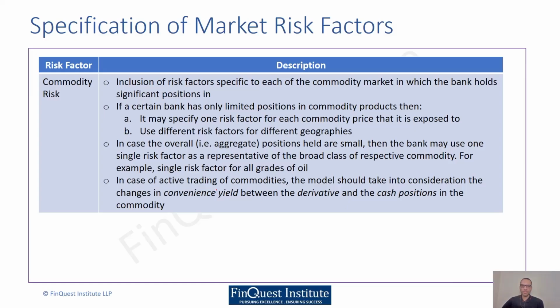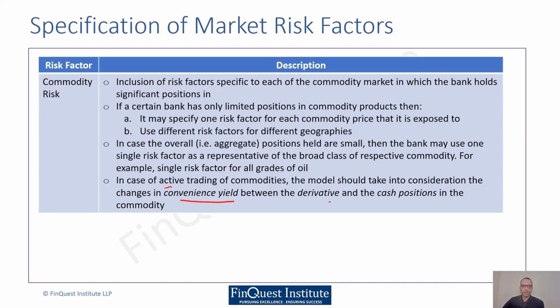However, if the bank is trading actively in commodities, which can always be the case because certain banks have very active trading desks, then the internal model for the bank has to take into consideration things like convenience yield between the derivative and cash positions in the commodity. For those of you who have already read about futures in the past, you will be familiar with the concept of convenience yield.